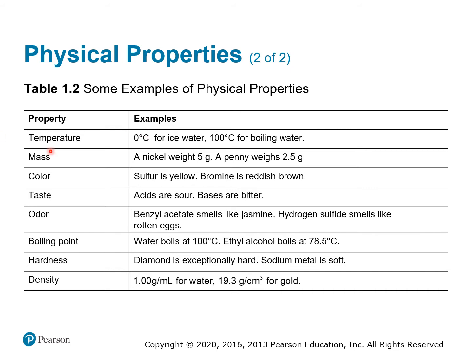So another point about physical properties is that these are the changes in appearance without changing the chemical identity or the composition. For example, as I showed you that copper wire, it does not matter if copper is made into wires or sheets or even a powder.